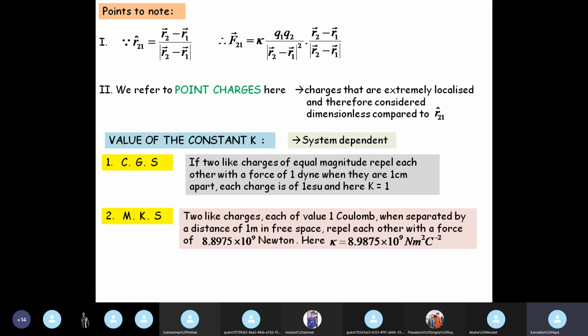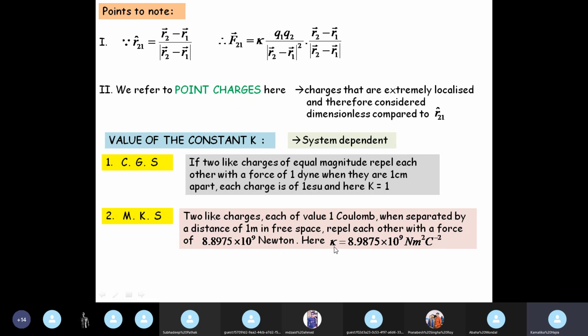So when two unit charges, that is two charges of 1 coulomb, same sign, which is why they are repelling each other, when Q1 equal to Q2 equal to 1 coulomb and they are separated by a distance of 1 meter, so 1 by 1, then it is seen that they repel each other with a force of this value, 8.9875 into 10 to the power 9 Newton.